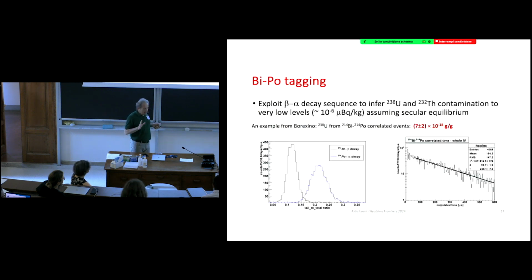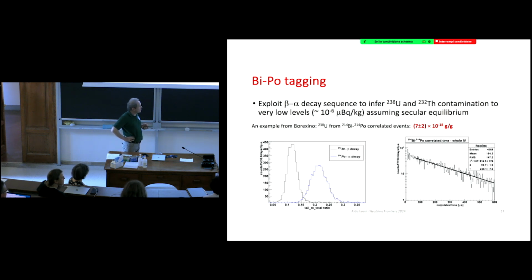There is an important technique developed in particular in the framework of Borexino, exploited extensively, the so-called BiPo tagging, where you detect a sequence of beta-alpha decays correlated in space and time, and this allows to establish the radioactivity at the level of 10 to the minus 6 microbecquerel per kilogram, so a very, very low level of radioactivity. So if the chain is in equilibrium, then you can establish the radioactivity of the full set of decays.